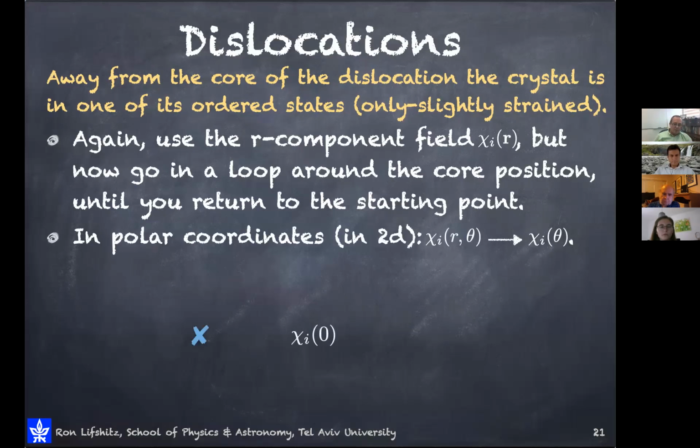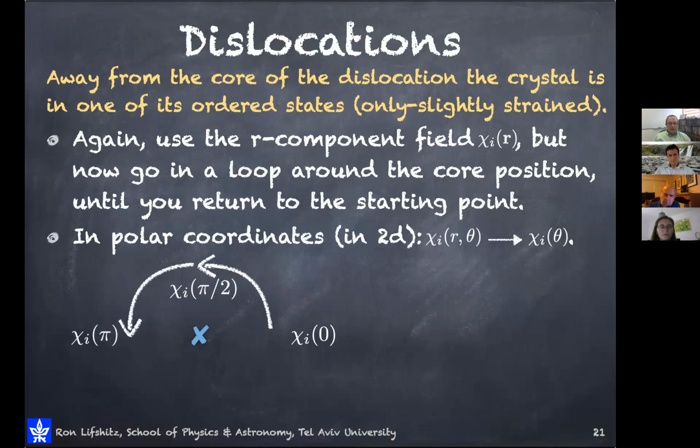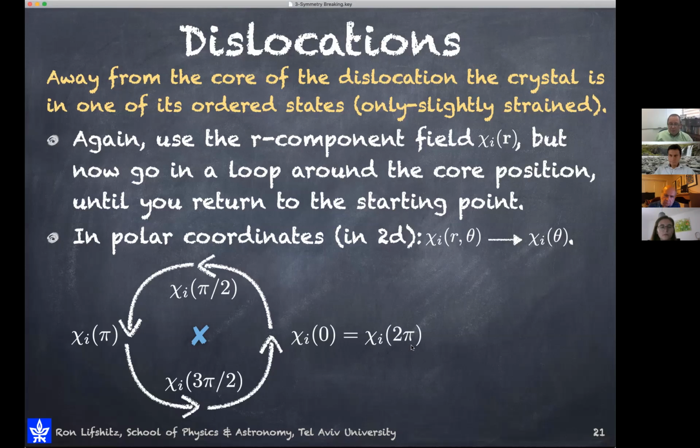So for example, if X marks the point of the dislocation, then this will be some value at angle 0, and I continuously deform it to some value at angle pi over 2 and angle pi and 3 pi over 2. And when I come back, I'm back at the same structure, so this has to be the same gauge transformation as the one I started with.